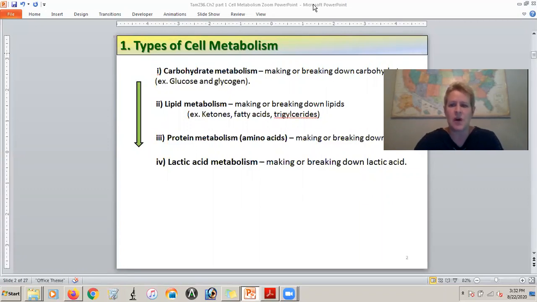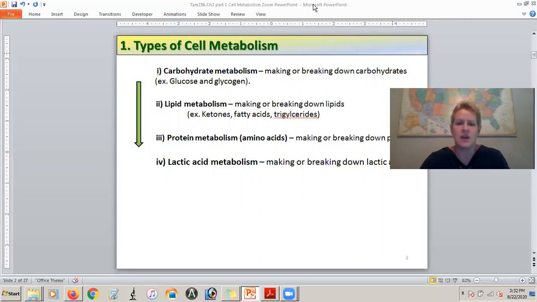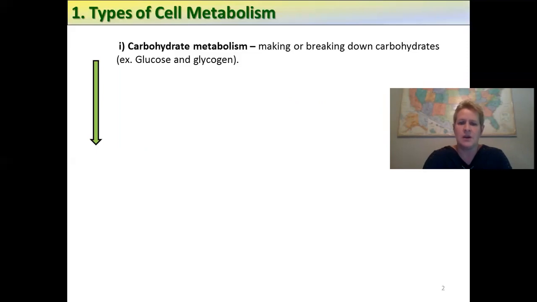And so when we're talking about carbohydrate metabolism, we're talking about making or breaking down carbohydrates. That includes glucose, which is a monosaccharide, a simple sugar, and that is the energy currency of our body. Glucose is what's floating around in our bloodstream.